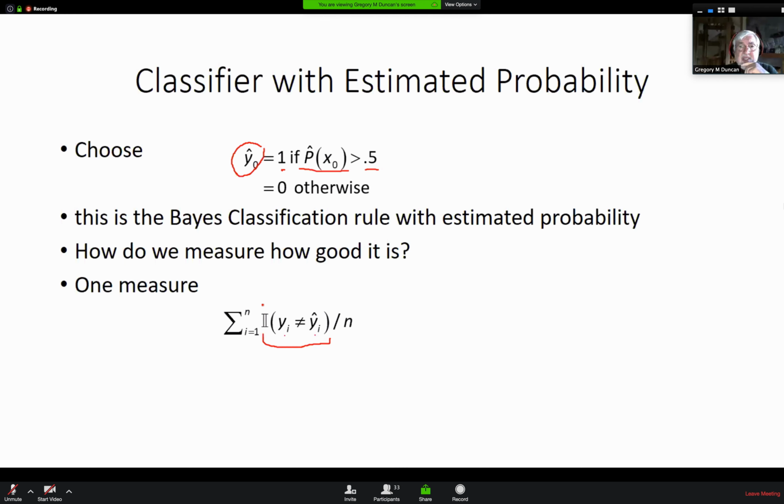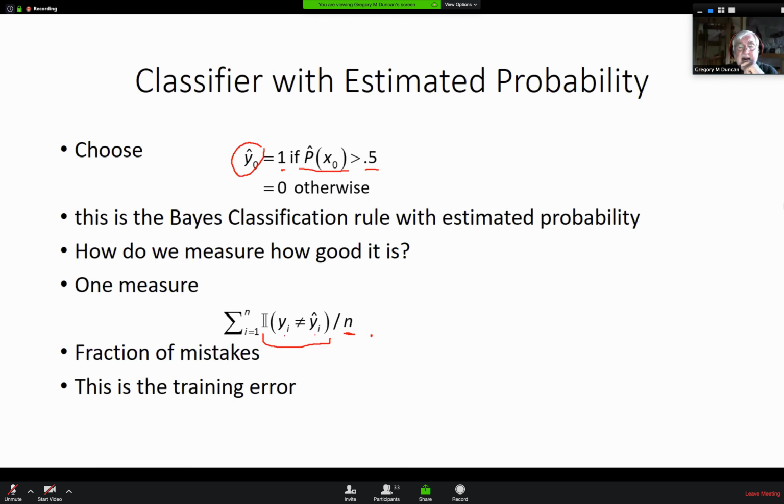So this is equal to 1 if I correctly predict. It's equal to 0 if I don't correctly predict. And I divide by n. Okay, that's the fraction of mistakes I made.